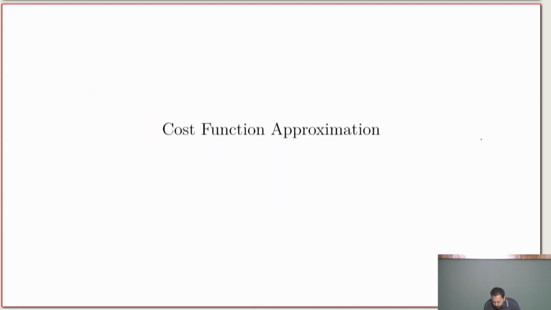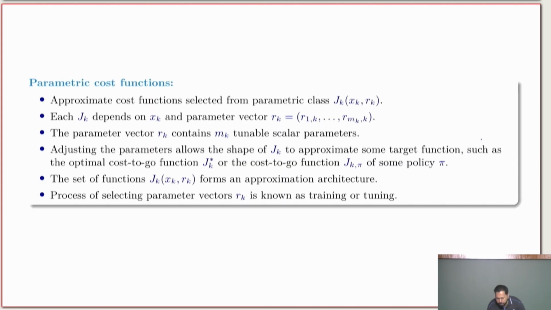Okay, so cost function approximation. Let us look into some details. If you have done machine learning, then the remaining part will be very easy for you. If we look into cost function approximation, then as I said, we have a cost J_k(x_k, r_k). r is the parameter, and this may be some parameter vector.